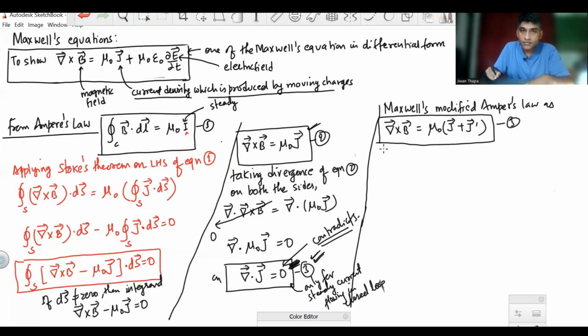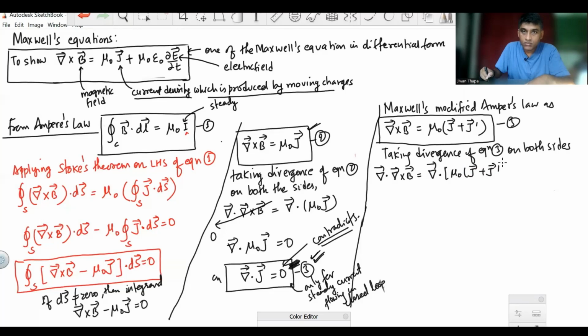Now let's take divergence on both sides. So we can write in this way. And we know this is 0.